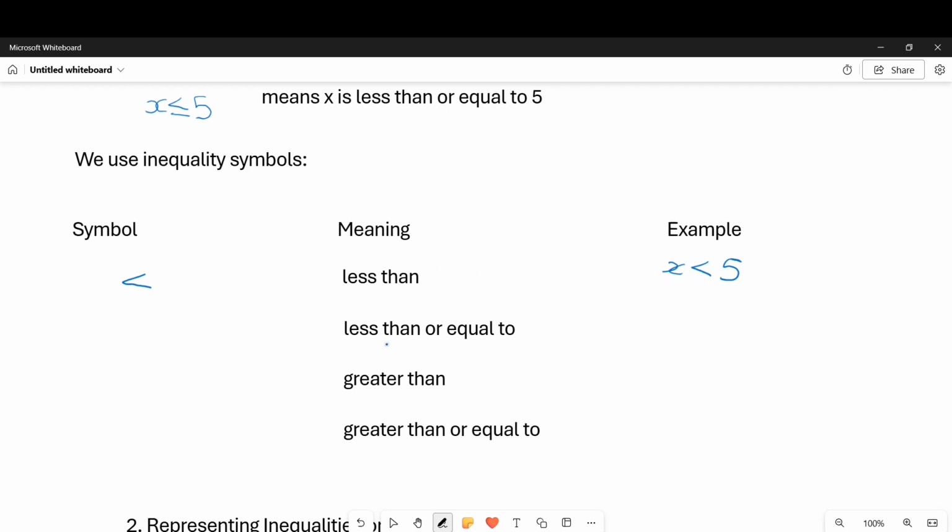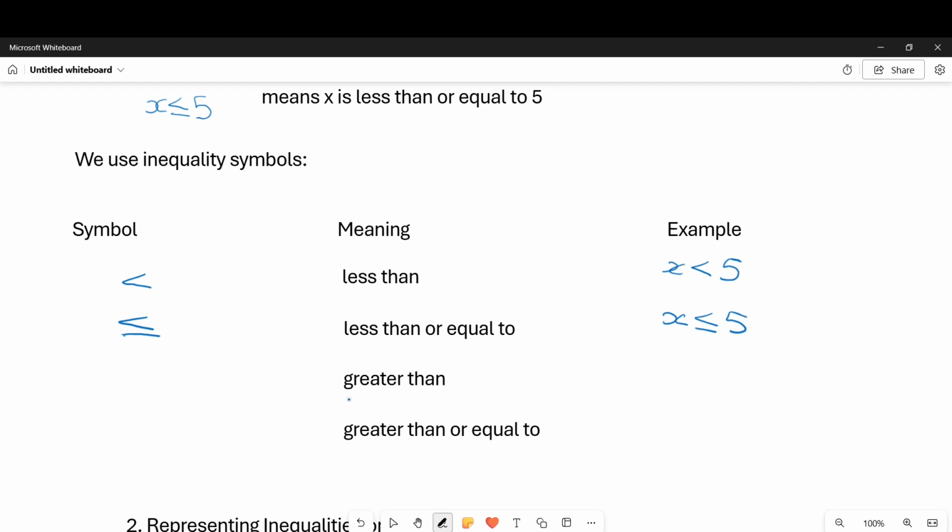So the second one is less than or equal to. We will write it like this, less than or equal to, a line below the less than side. Less than or equal to means including that value. So I will write an example here: x is less than or equal to 5.